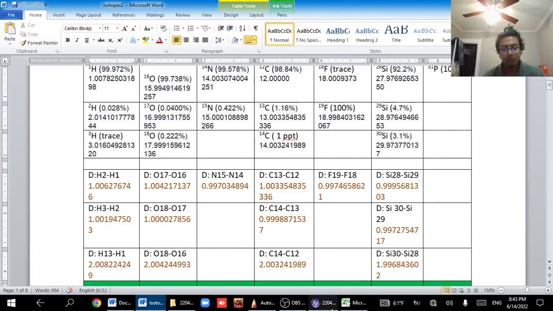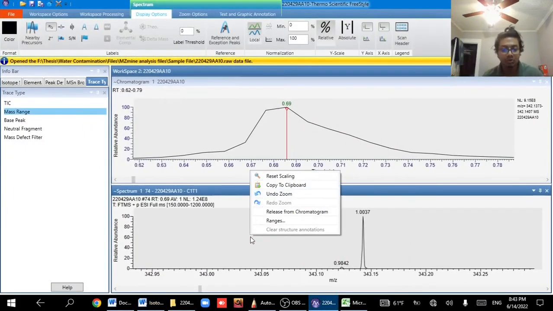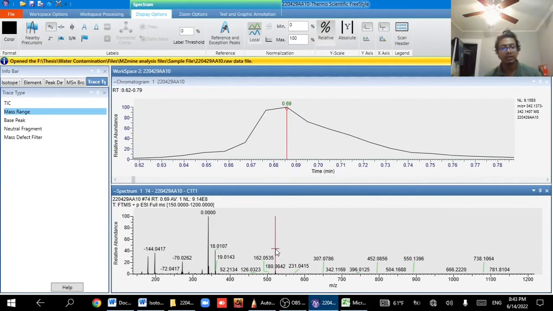So you will find that difference here, but do not worry about that. Okay, so in that mass 342.1389, we get 13 carbon and 4 or 5 oxygen in there.